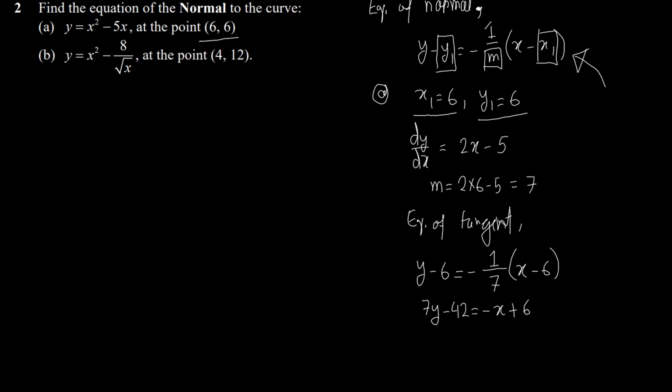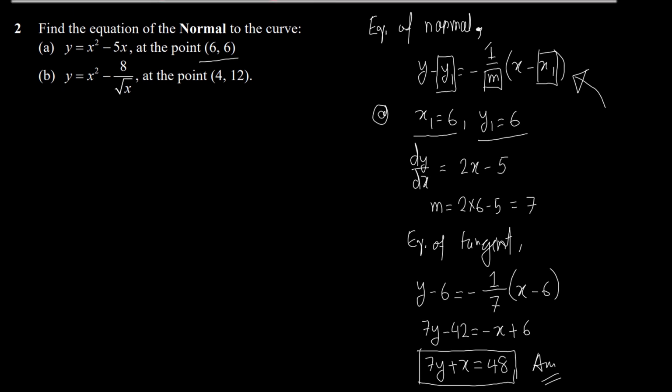So by writing one more line, 7y plus x, taking it on the left side, equals 42 plus 6, which is 48. So this is our equation, the answer of this question.